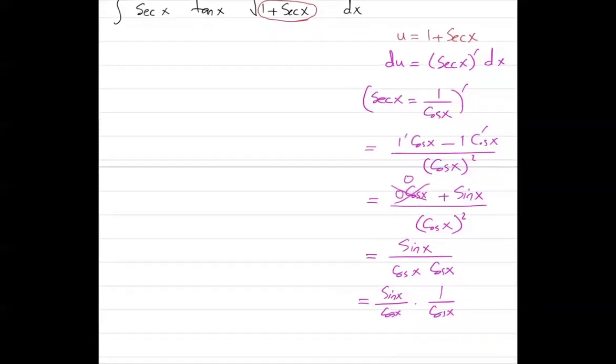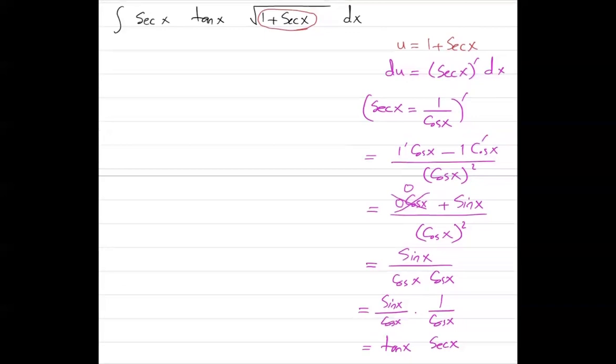Sine x divided by cosine x is nothing but tangent. So you have tangent x, and 1 over cosine is basically secant x. Well, my du is tangent x secant x times dx, which I already have inside my integral.